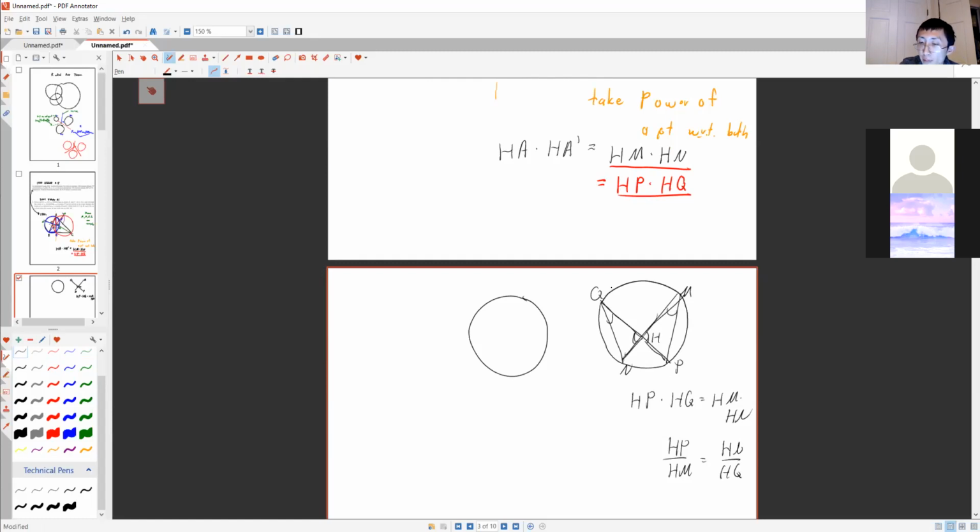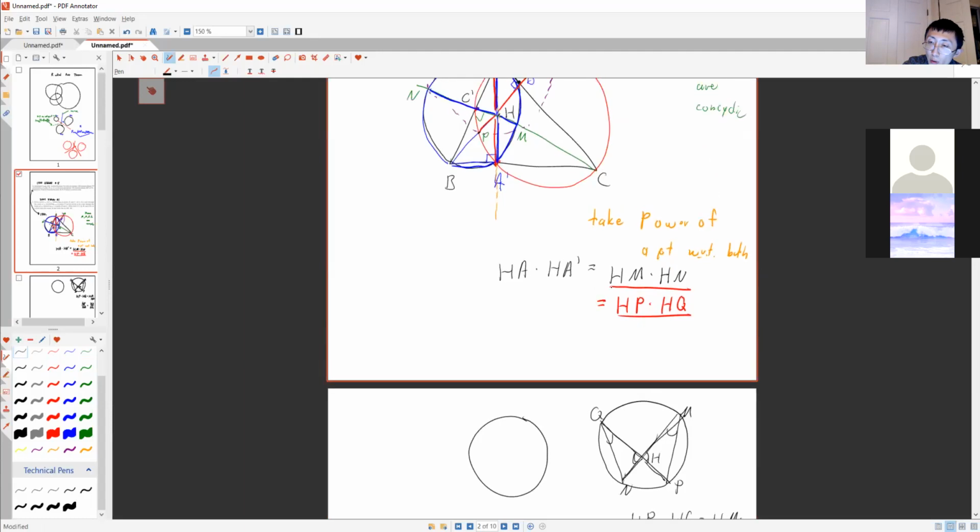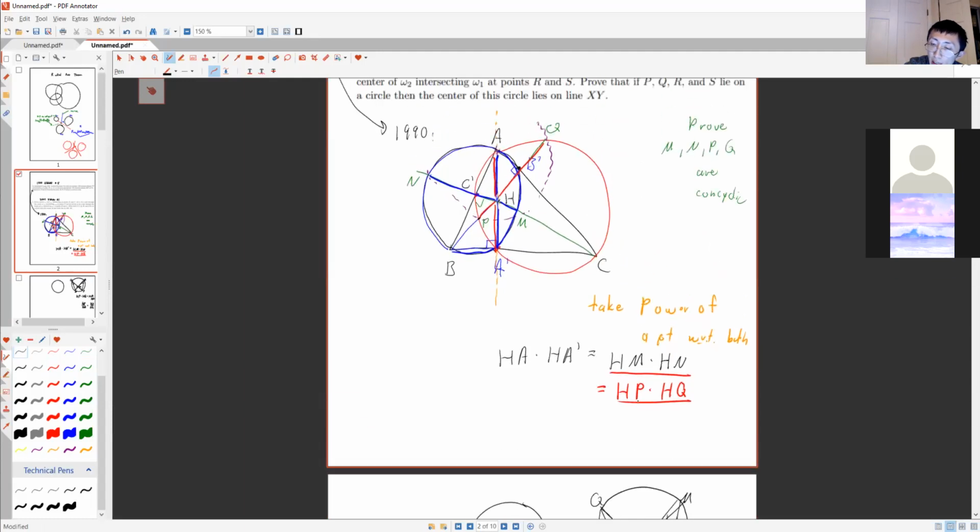So yeah, and maybe we should prove that, but that's how you can show it using only basic principles. So this implies that M, N, P, Q are cyclic.